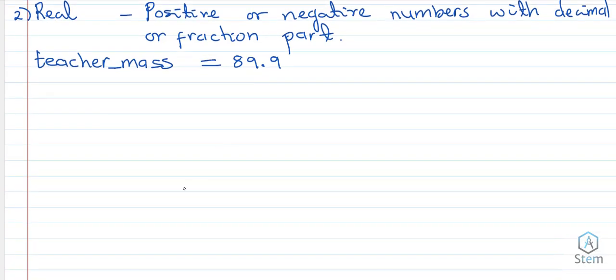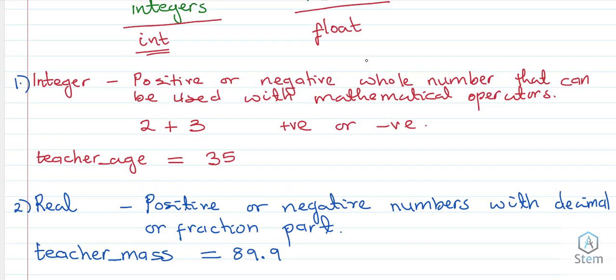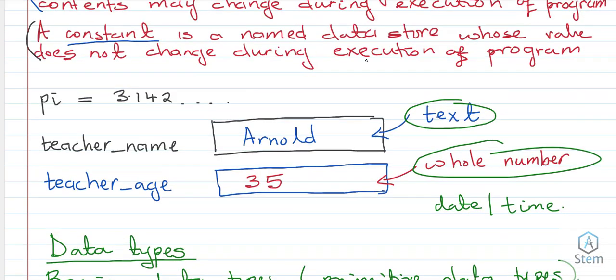Let's suppose I want to store my name. What data type would I use for that? I have already pointed out a data type called text. In pseudocode programming, we are not going to refer to text as text.